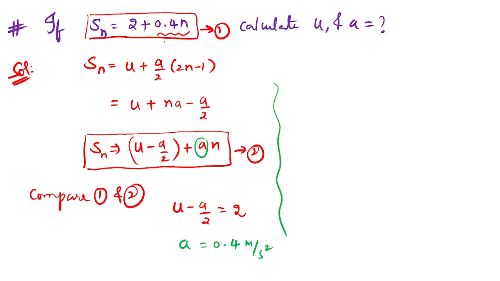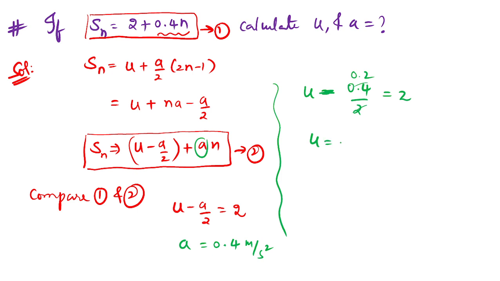Clear? How much is the initial velocity? Find out. Give me the full answer. So it will be u minus a by 2, where a is 0.4, so 0.4 divided by 2 is 0.2.